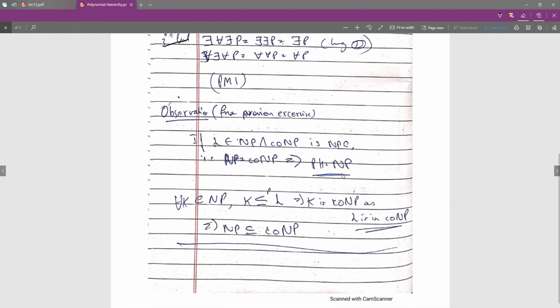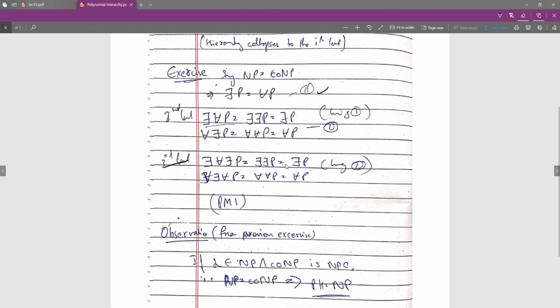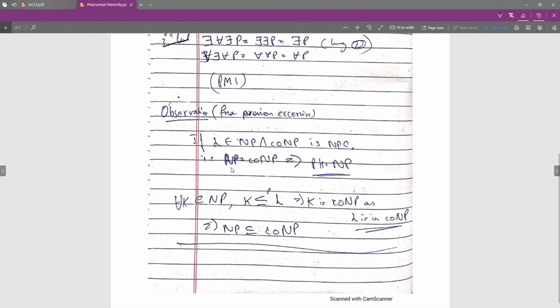How do we show that? We just need to prove that NP is equal to co-NP. From our previous argument, when we showed that NP is equal to co-NP, we proved that PH is equal to NP. And it's a relatively simple proof to show that NP is equal to co-NP if the intersection between them is NPC. First we need to show that NP is a subset of co-NP.